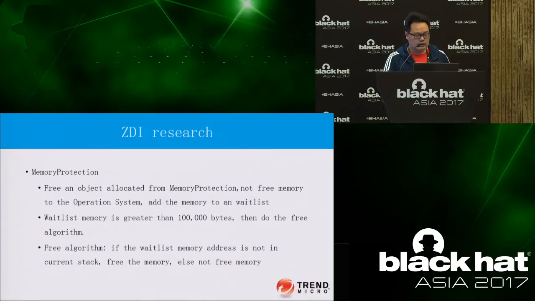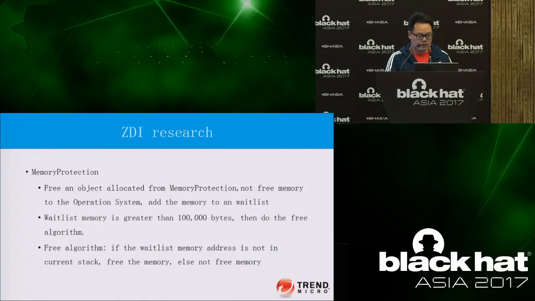First, when it frees an object allocated from the memory protector, it will not free memory to the operating system. It just adds the memory to a waiting list. When the waiting list is greater than 100,000 bytes, then it will run the free algorithm.